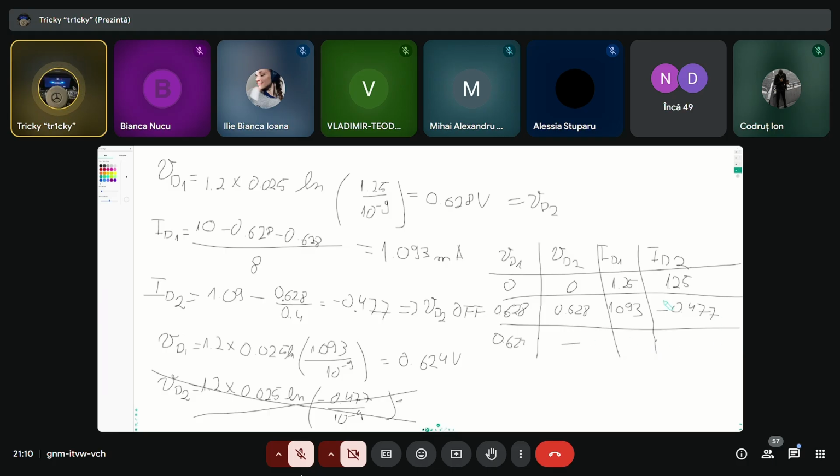And again, we have to keep on calculating the currents here, but I'm pretty sure now it's just an infinite loop. We're just gonna keep calculating the same stuff using the same formula, so it's really irrelevant to keep going.